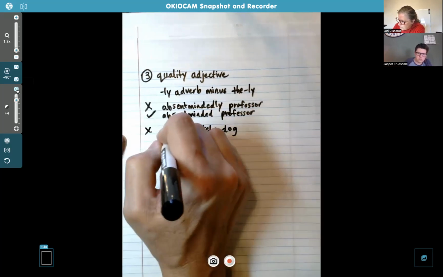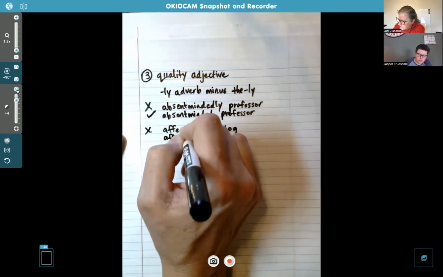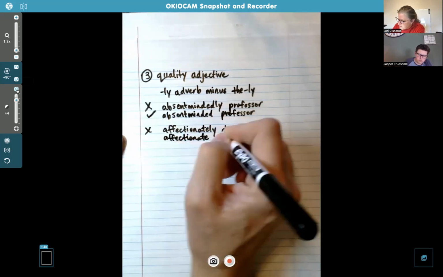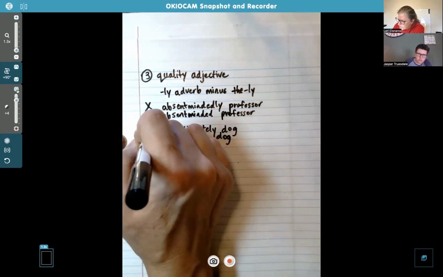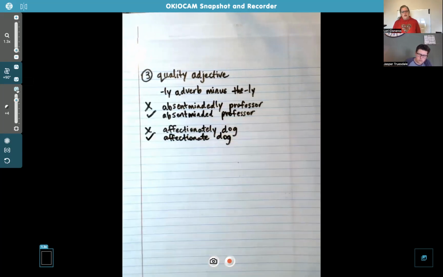But if I put affectionate dog, I'm going to put a check mark by that, because affectionate dog makes sense. It's an adjective describing the dog. So there you go. You've got a little clue when you're going to your writing, trying to look for a good quality adjective. I think there are other pink lists in your binder. You could pull out any of those adverb lists, take off the ly, and you've got an adjective. So it's pretty cool. You can use that.